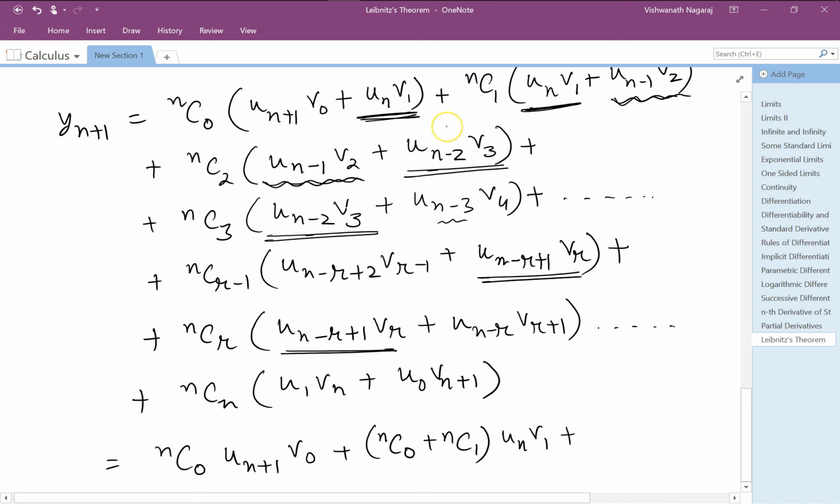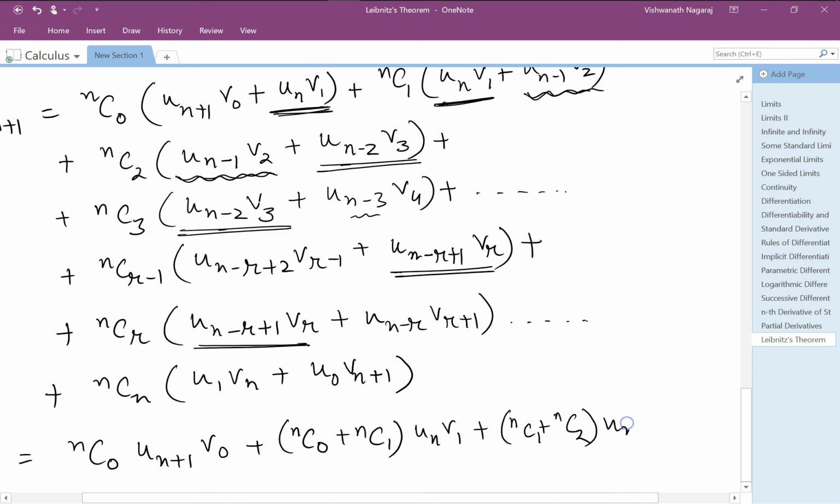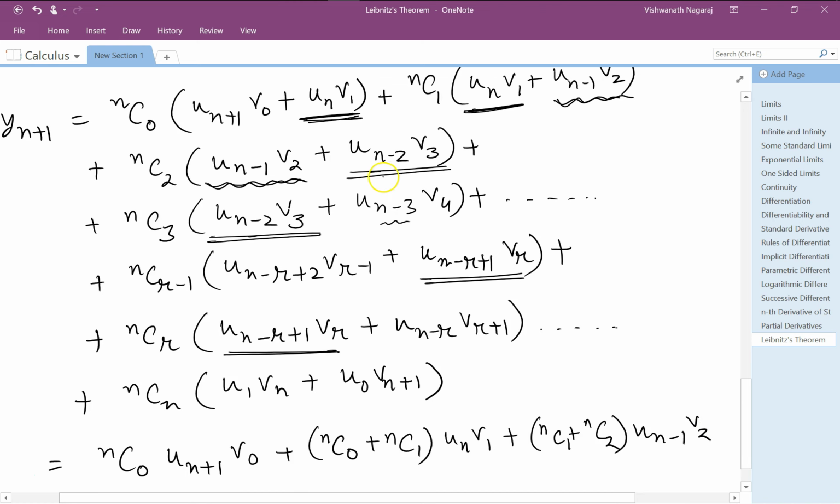The like terms are common, so this would become nc1 plus nc2 times un minus 1 and v2 plus. Now let's look at this.